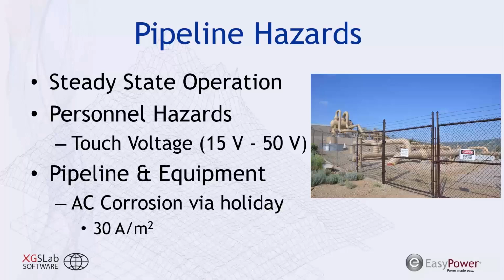So a pipe that may be installed to last 50 years can corrode in 5 years. So it can be a pretty significant issue. And typically the minimum value that we look at is 30 amps per meter squared. This does vary by entity as well as whatever their cathodic protection process may be. But 30 amps per meter squared is typically the minimum value that would be reviewed or a concern for AC corrosion.